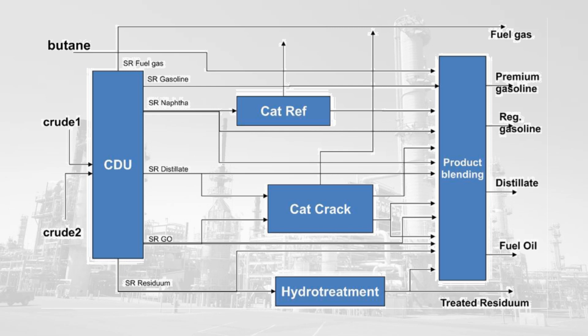Each cut is sent to a different conversion or treatment unit, reformer, catalytic cracking, or hydrotreatment units, or to product blending. Refineries differ in the number or types of process units they have, depending on the quality of crude oils they process and the product slates.